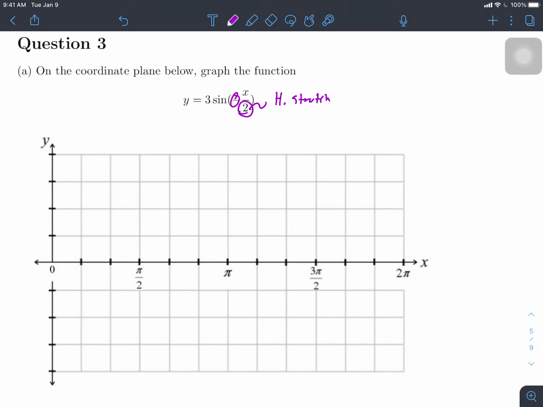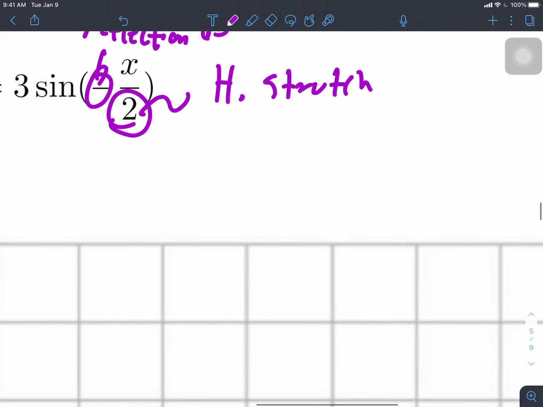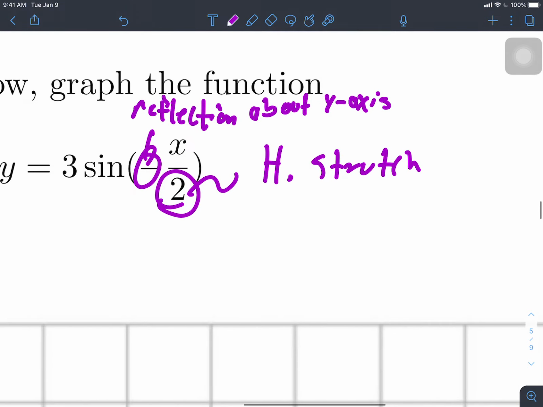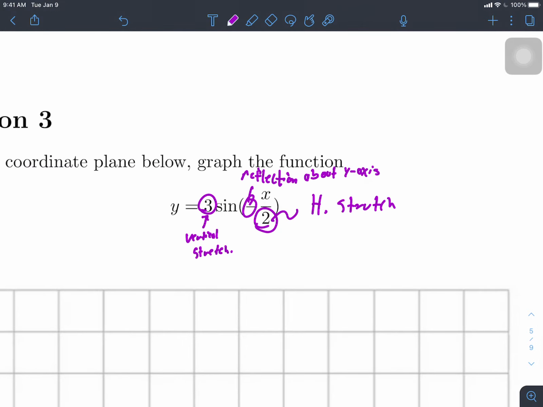We've got a minus sign on the inside. That's going to give us a reflection about the y-axis. And then we have a 3, which is going to give us a vertical stretch. So I'm just going to do these.